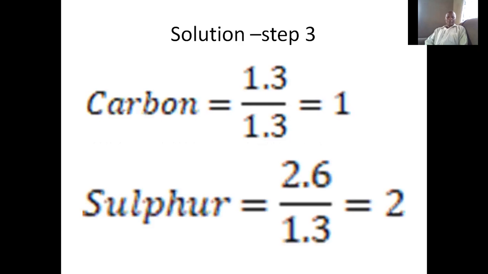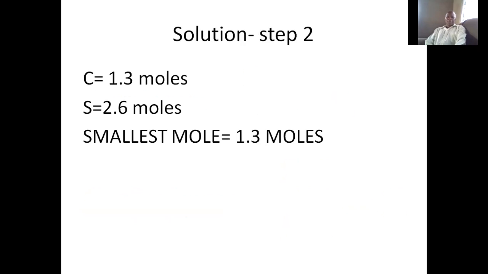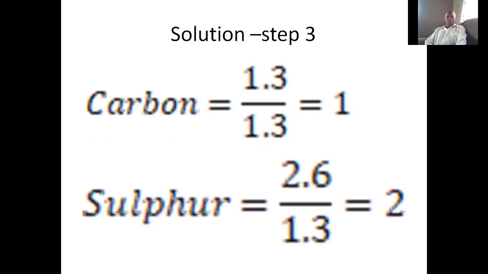And for sulfur, we found 2.6 moles. So we divide by 1.3 moles, which is the smallest number of moles for carbon, which gives us 2. So our empirical formula will be such that carbon atoms will be only 1 and sulfur atoms will be 2. And this is what we write here.